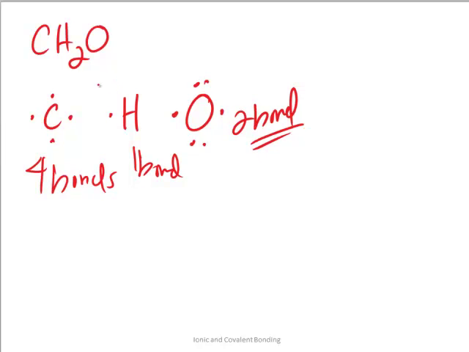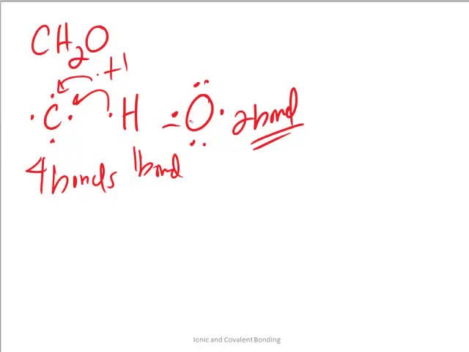Okay, so if we bond both hydrogens to carbon, carbon still has 2 additional electrons that it would like to share with another atom to get to the octet rule.